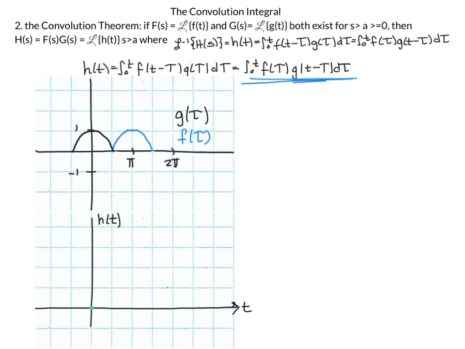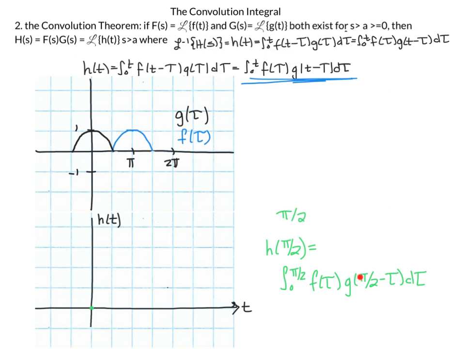For my next point, I could get to pi over 4, but you know what? I'm just going to skip over a little bit, and I'm going to look at the point pi over 2. So in other words, I want to calculate h of pi over 2. And by my formula over here, what I need to do is integrate from 0 to pi over 2 f of tau times g of pi over 2 minus tau d tau.